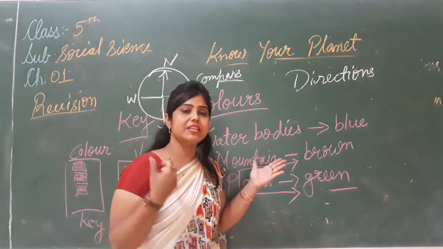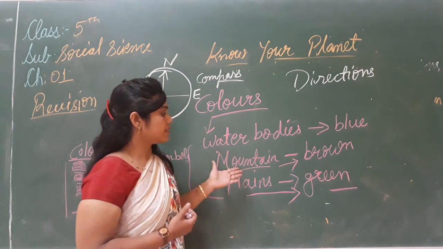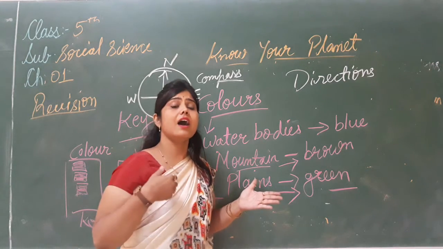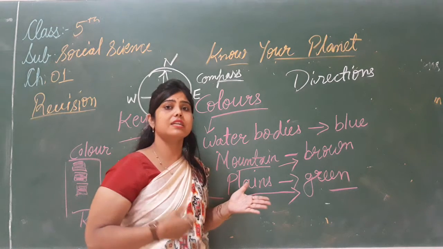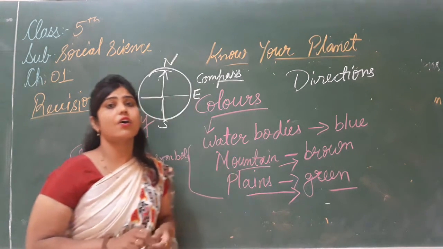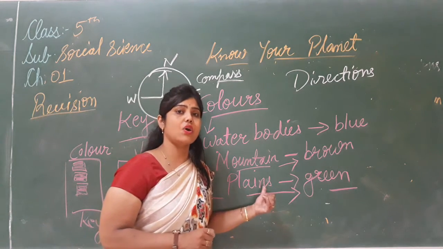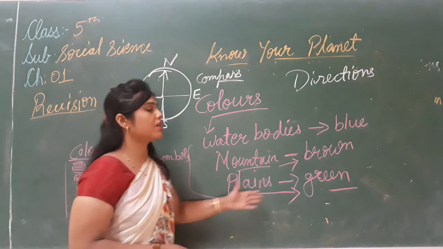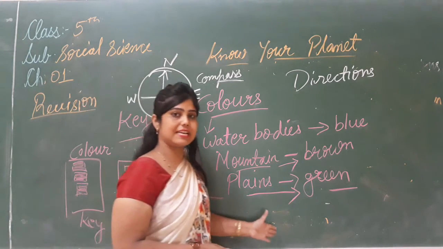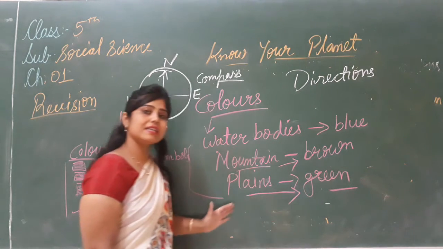The scale is the ratio of the distance on the ground and the distance on the map. Because the actual distance is very बहुत ज़्यादा होता है, so we use the scale.